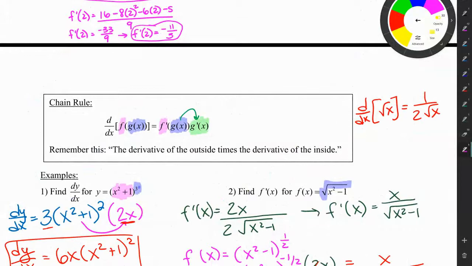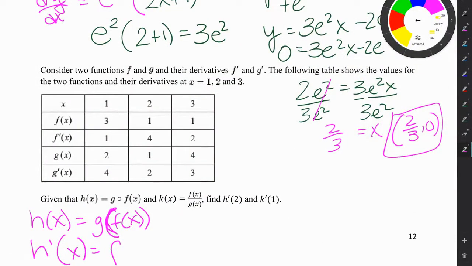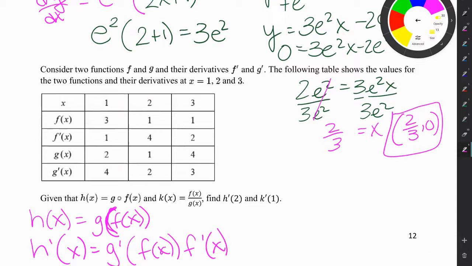So, oh, notice it's f of g of x here. So if it's f of g, it's f prime, keep the g, then g prime. So for us, since the g is the outside function, we're going to do g prime at f of x, and then multiply that by f prime of x. Okay, so that's the formula we're going to need.